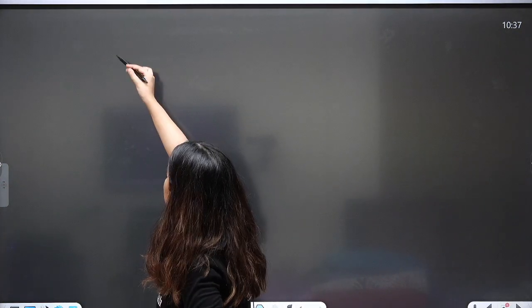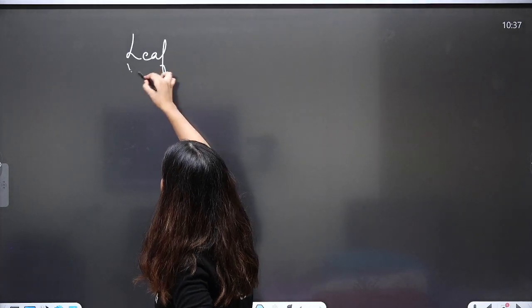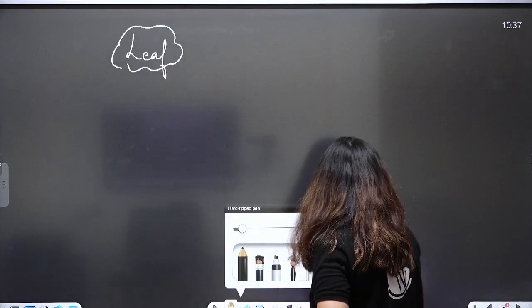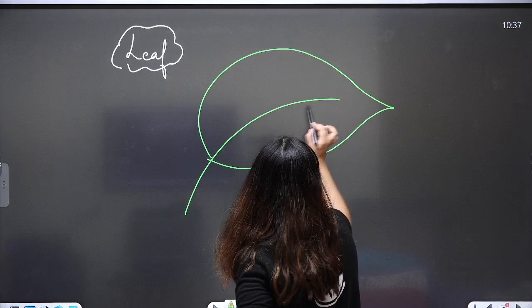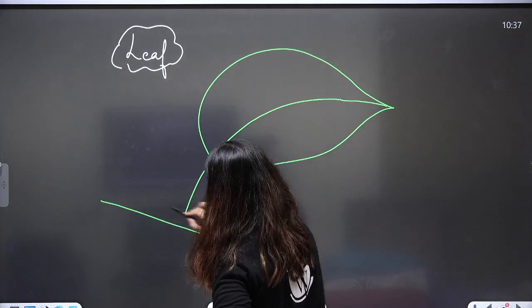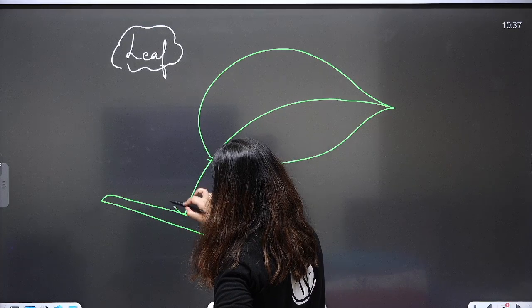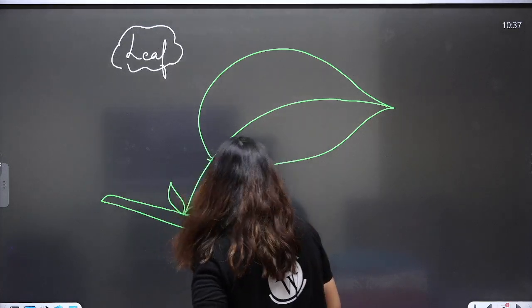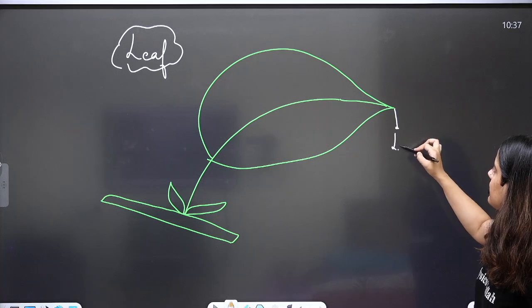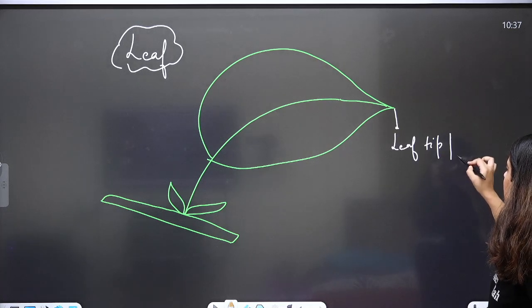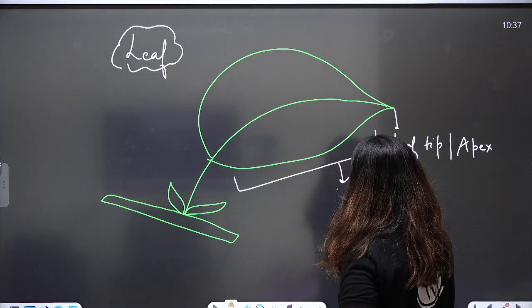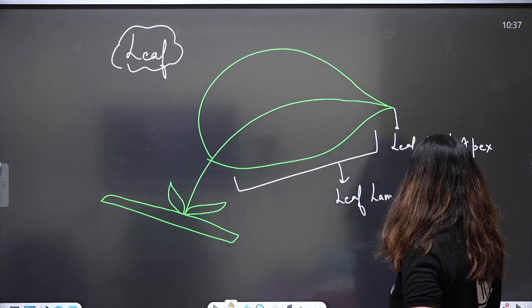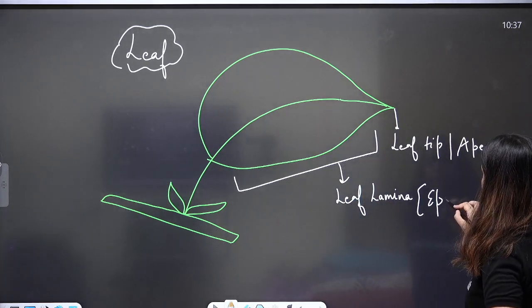Next, we are going to start with the leaf, right? So I'm going to explain the structure of leaf. This is leaf tip or apex. This structure is leaf lamina, also known as epipodium.